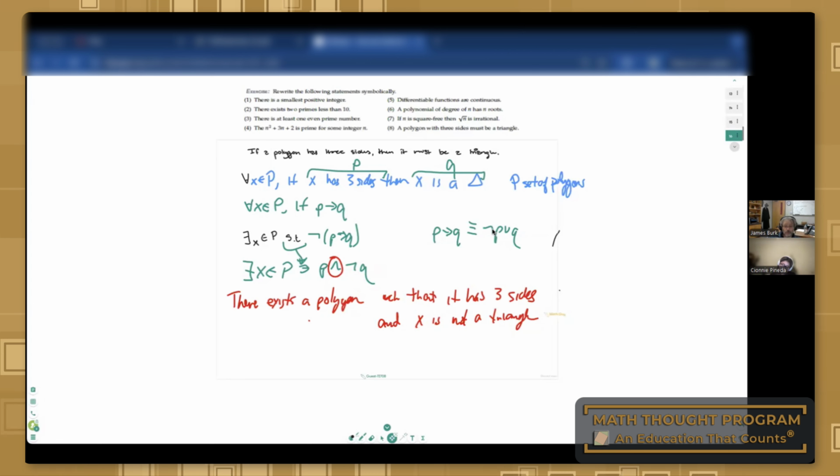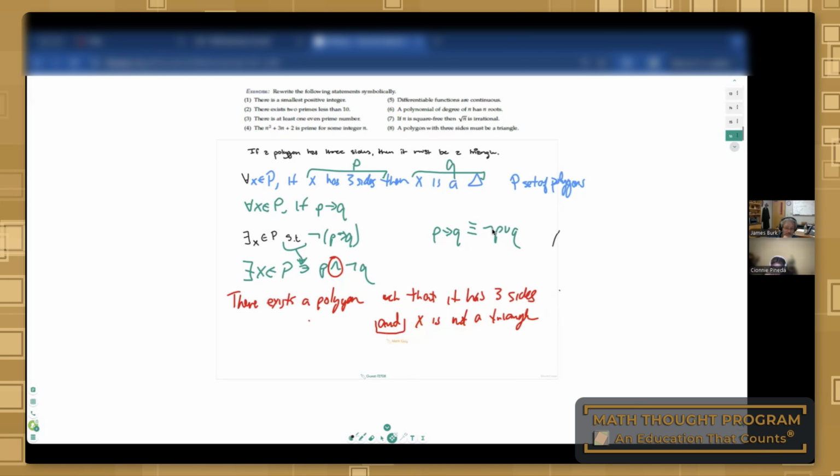The next thing I would do is clean it up so it's a little more casual, but still contains the meaning. This is kind of hard on the English. It's good on the math, it's hard on the English. So I might actually use the word "but" right there instead of "and".